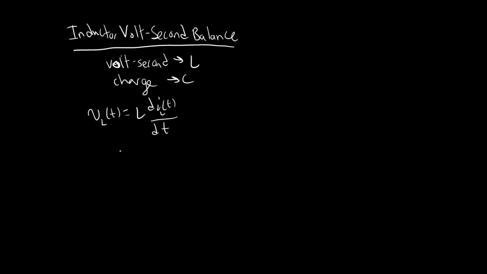And the way we're going to think about this is by taking this derivative and turning it into a difference, right? Instead of d, the letter d, we'll use delta, right? So this is not a limit anymore. It's an explicit difference in time and in value. So delta IL by delta t. Right?